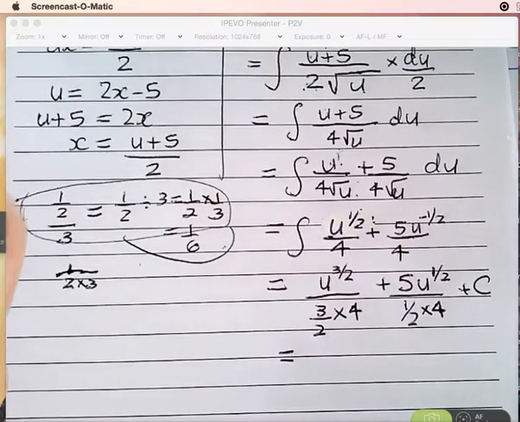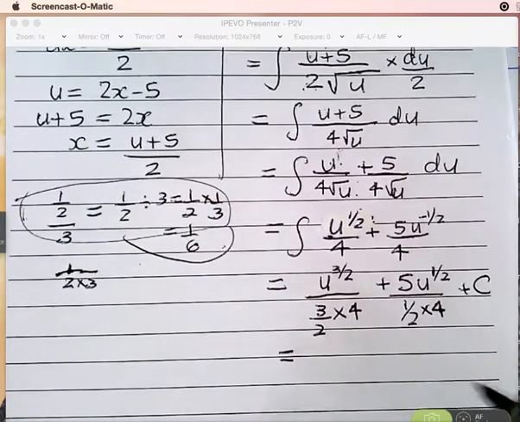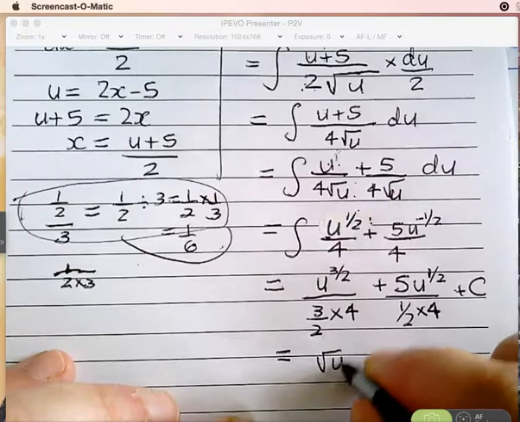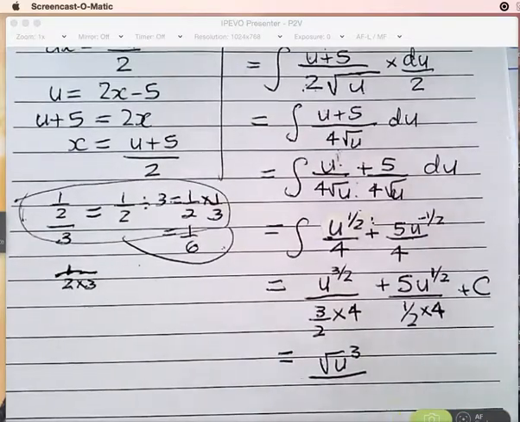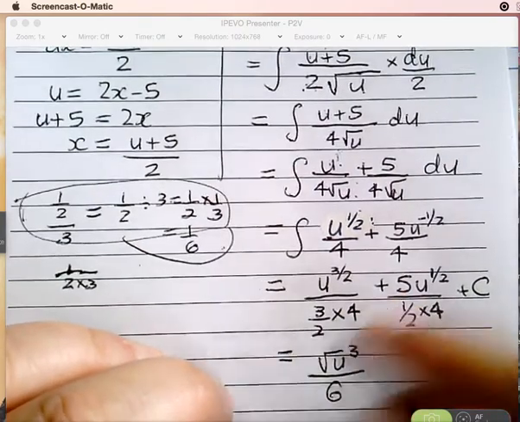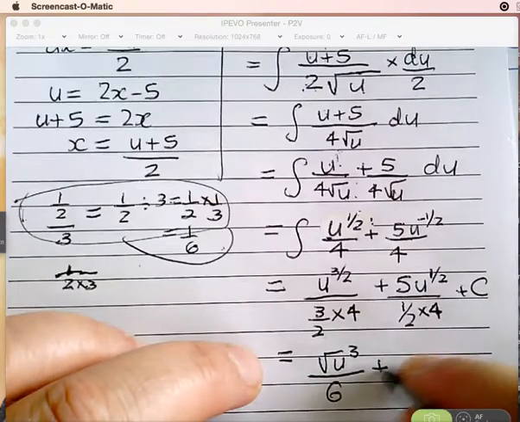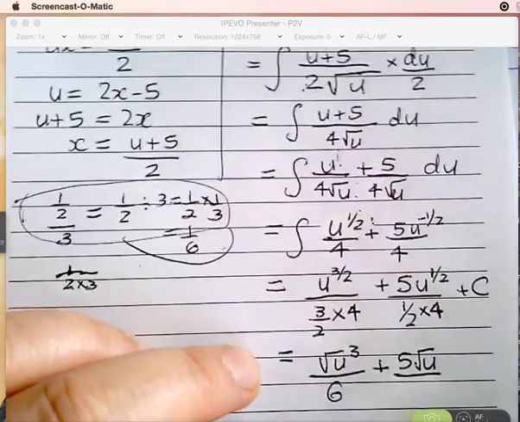How do you rewrite that? It's square root of u. Yeah. What's 3 over 2 times 4? It's 6, because the 2 cancels. Or it's 12 on 2 plus 5 over half of 4.